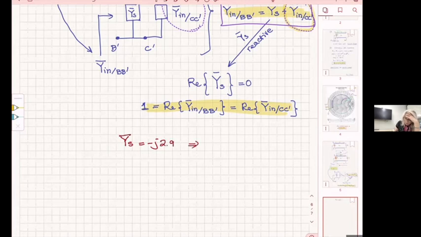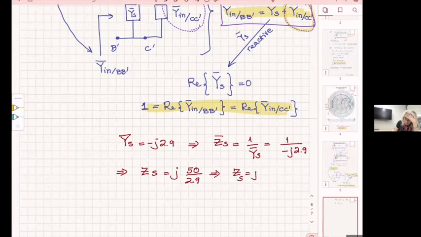Which means that zs will be 1 over ys, and that is going to be 1 over minus j 2.9, which means zs is going to be j, and then 50 divided by 2.9, which makes it 17.2 ohms.